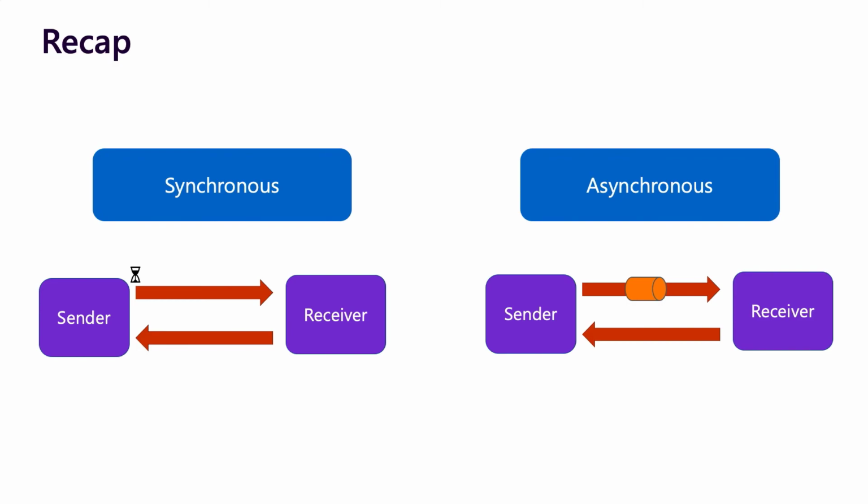Whenever the sender sends a message, it's going to wait until that receiver is done doing that work. So if the receiver takes 10 seconds or 5 seconds or 100 seconds, the sender is either going to wait for it or the connection might time out. But this is good if you want an immediate response or immediate feedback from whatever work you're trying to send over.